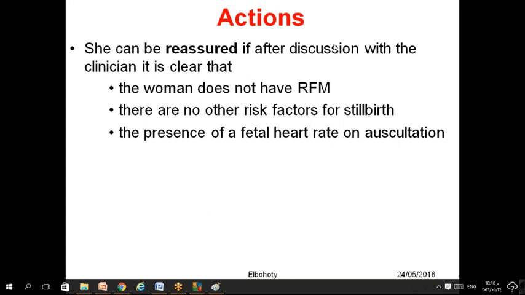Sometimes, while you are doing your assessment, the patient will tell you the baby now is moving well. Okay. So she can be reassured if after discussion the woman does not have reduced fetal movement and there are no other risk factors for stillbirth and there is the presence of fetal heart rate on auscultation.